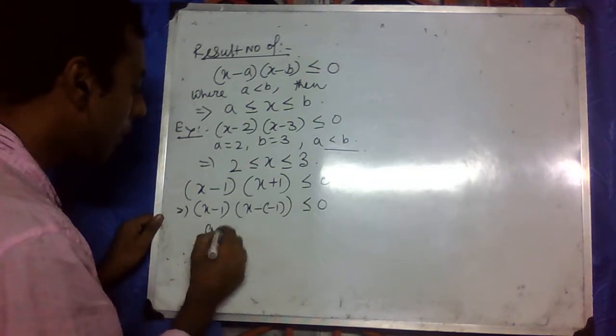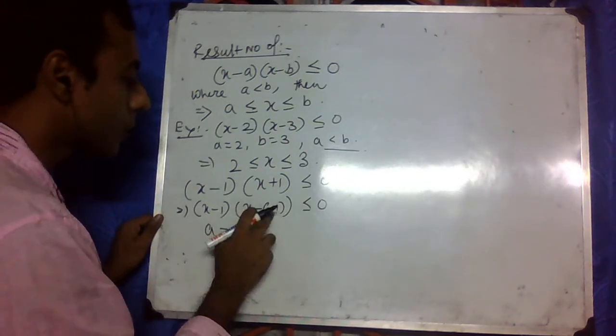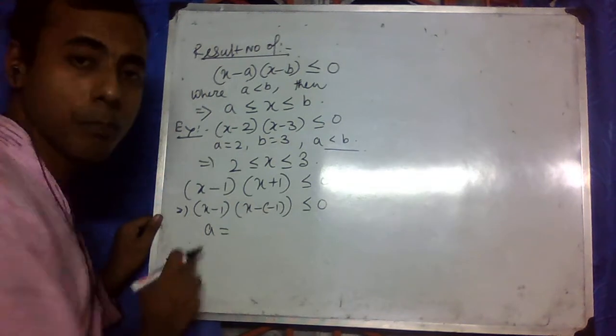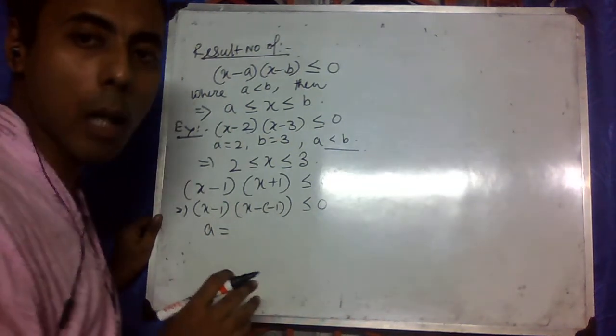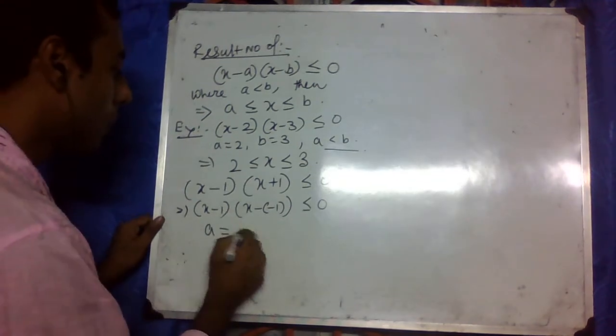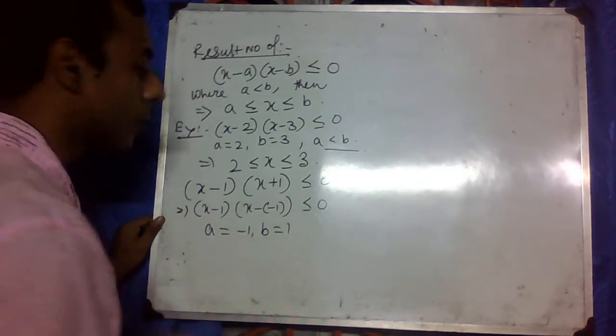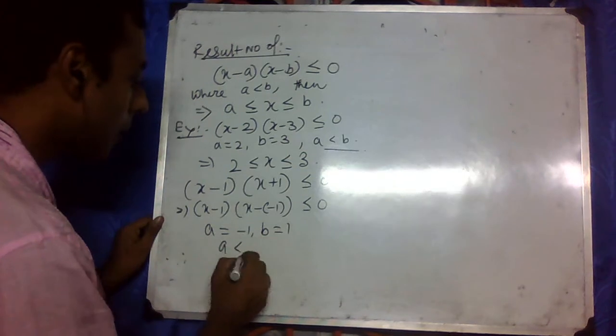So here a will be the smallest of these two numbers, so a is minus 1, b is equal to 1. So a is less than b.